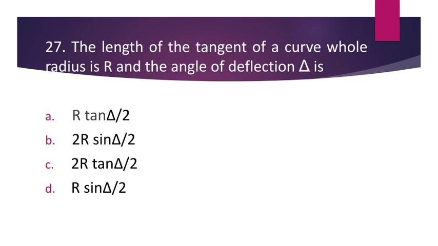Length of tangent is: options A R tan delta by 2, option B 2R sin delta by 2, option C 2R tan delta by 2, option D R sin delta by 2. Length of a tangent of a curve is R tan delta by 2. Option A is the correct answer.